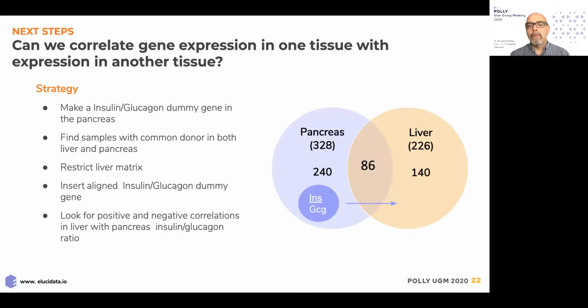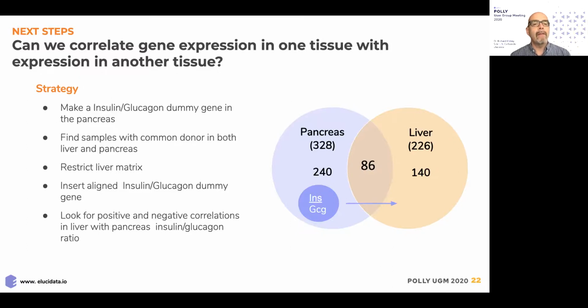What's nice about this database is there are a number of different tissues from different individuals, and there are 328 pancreas samples and 226 liver samples, but 86 of them are from the same donor obtained at the same time. So we now have the possibility to look at the insulin to glucagon ratio in the pancreas and see how things in the liver correspond to that.